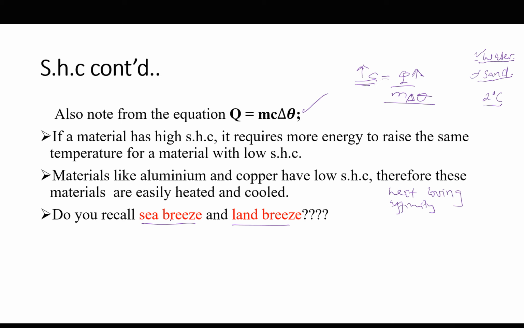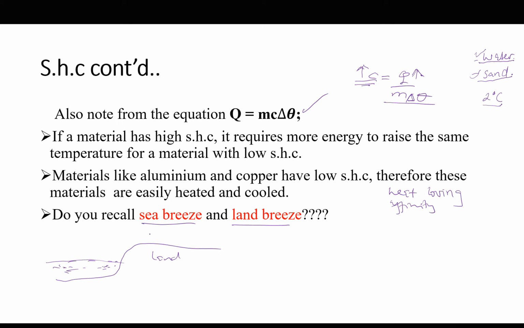Why do we experience that? During the day, the land heats up faster than the sea. If this is the sea, and this is the land, what happens during the day?